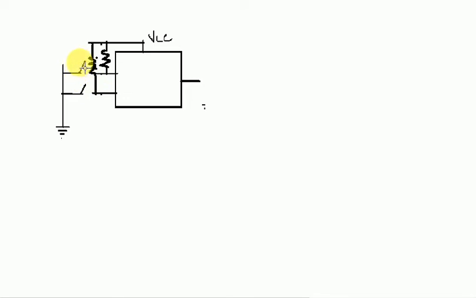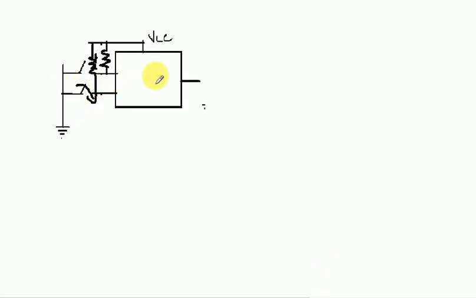Now when I close my switch, there is not a direct path from source to VCC, because now there is a resistance that will resist my current. So this is a pull up network.